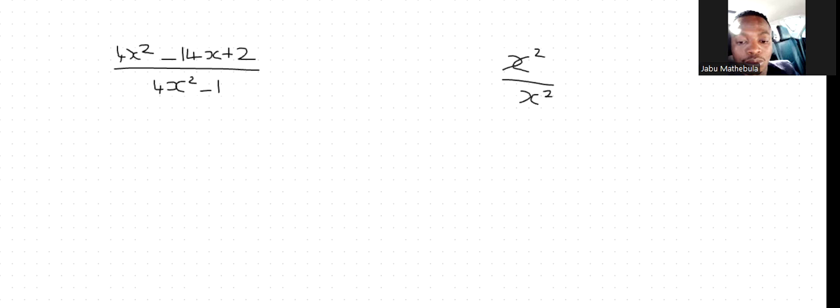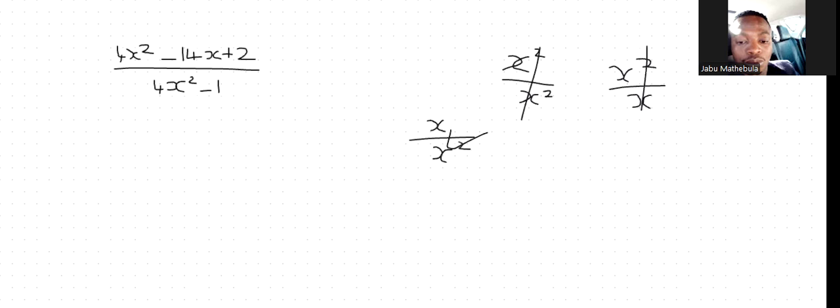And if you have a fraction where the numerator has a higher power than the denominator, this is also an improper fraction. So a proper fraction would have the denominator having the higher power.